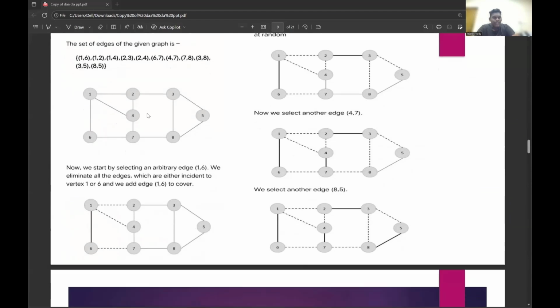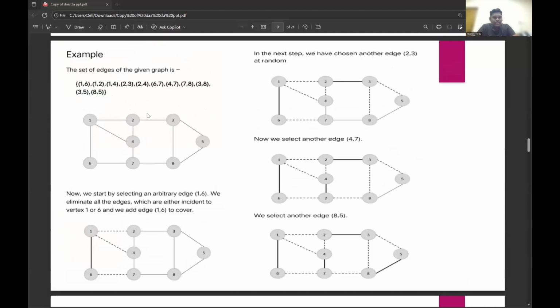In this, first we have to take a certain vertex. Let us take 1 as a vertex. From 1, we have the edges 1 to 2, 1 to 4, 1 to 6, and 6 to 7. We can take any one edge from these so that every vertex can be covered.